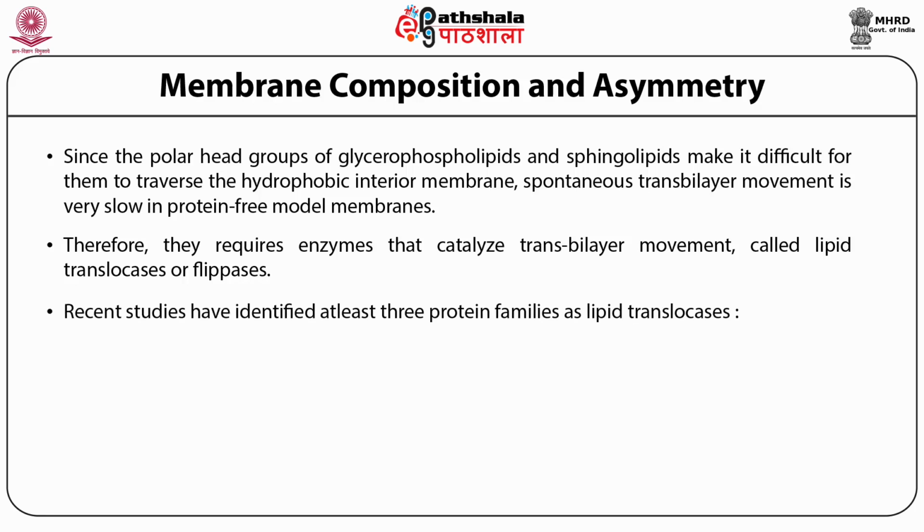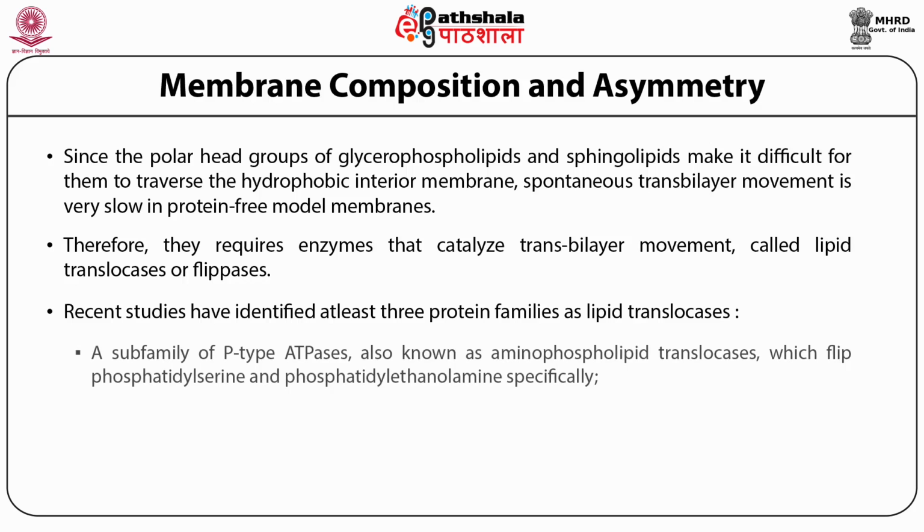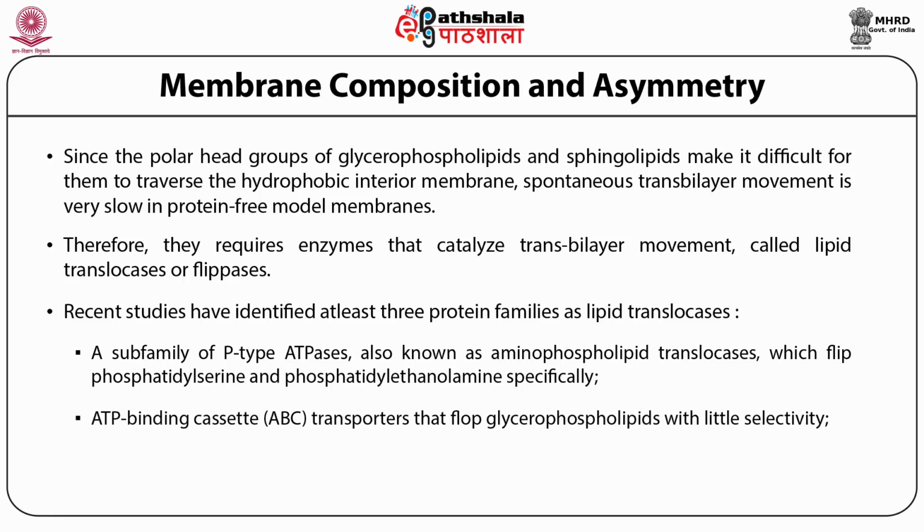Recent studies have identified three protein families with lipid translocase activity. The first family are the P-type ATPases, also known as aminophospholipid translocases, which flip phosphatidylserine and phosphatidylethanolamine specifically. The second family is the ATP-binding cassette transporters, which flop glycophospholipids with little selectivity.